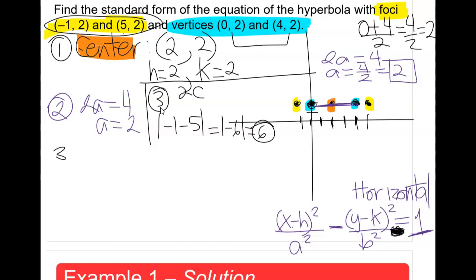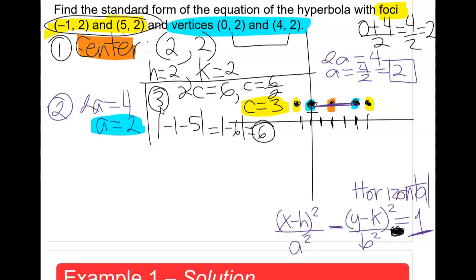So 2c equals 6, therefore c is equal to 6 over 2, and that makes c equal to 3. So that comes from the foci, and a comes from the vertices. So that was our third step.